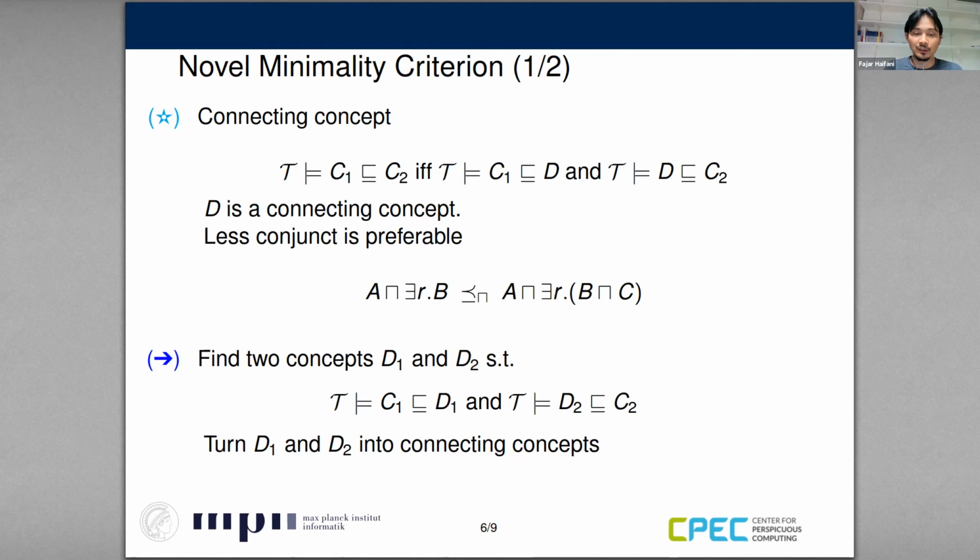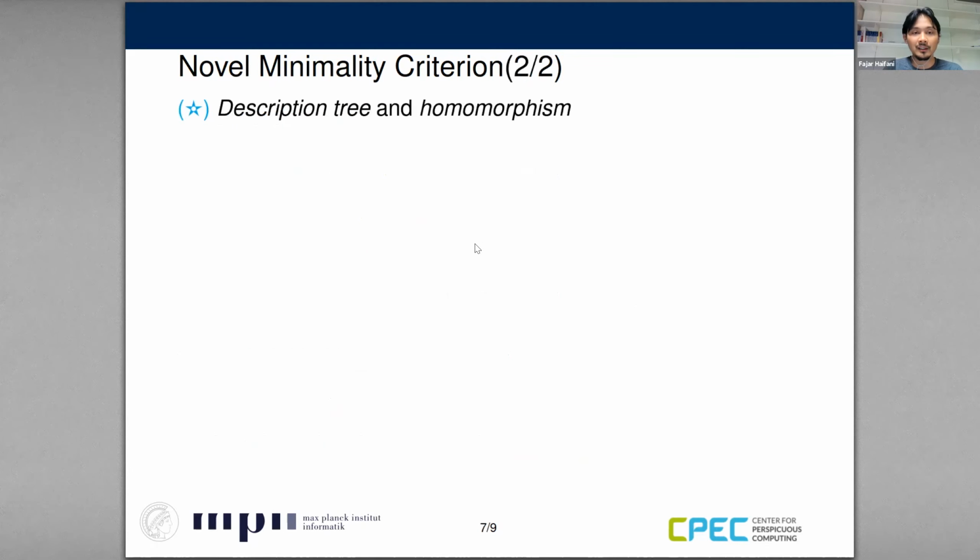So this would lead into the second ingredient, that is description trees and homomorphism between them. So what is a description tree? Suppose you have the following concept here, which is a little bit complicated, but basically the description tree is kind of like an expression tree, but you consider the atomic concepts as labels and the role restrictions as some sort of nesting level.